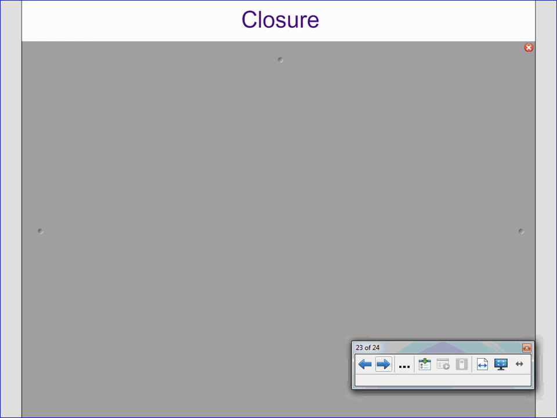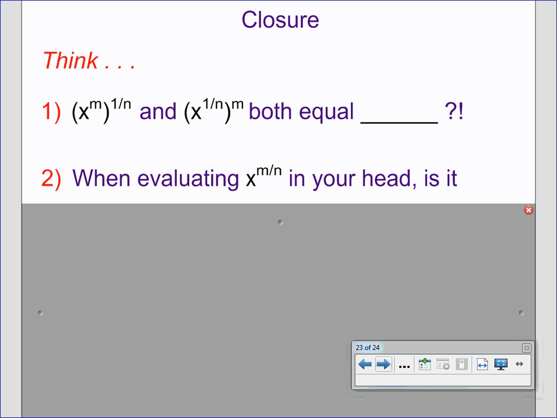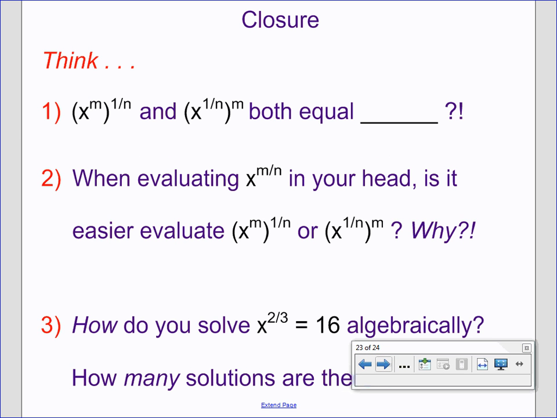All right, we'll have a chance to practice in just a minute, but first let's go ahead and complete our closure. So x to the m, all to the 1/n power, and x to the 1/n, all to the nth power, both equal the same thing. Let's rewrite that as a single power without parentheses.